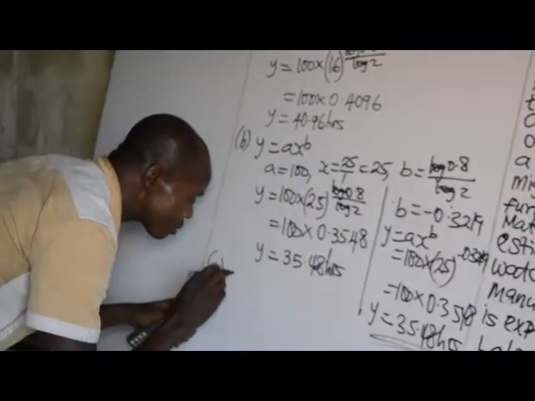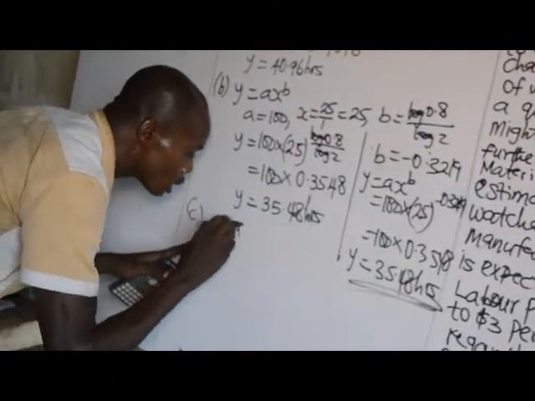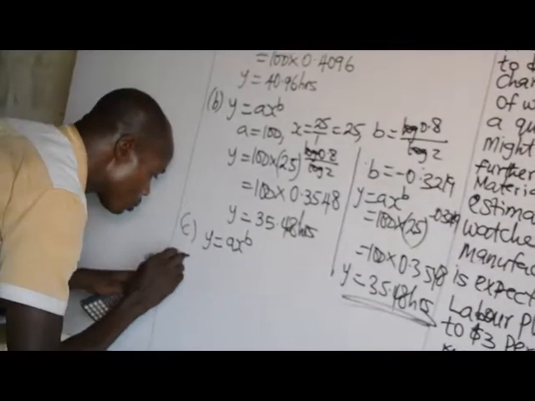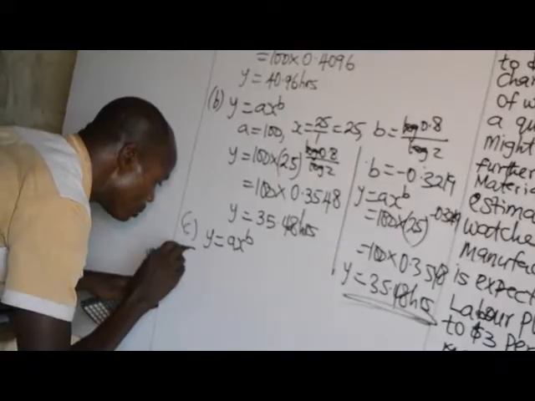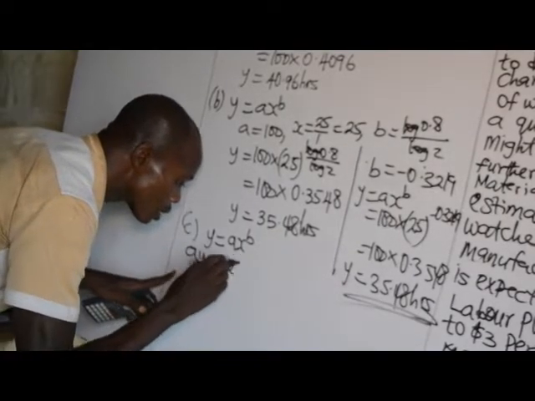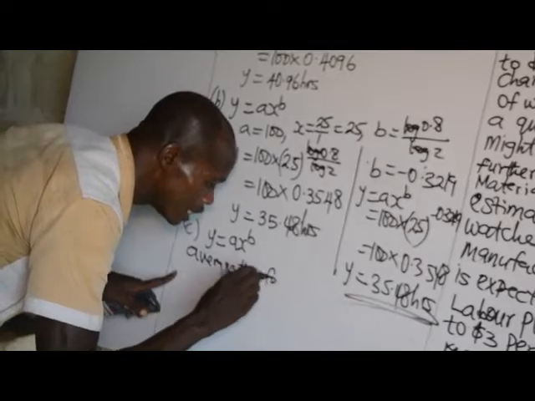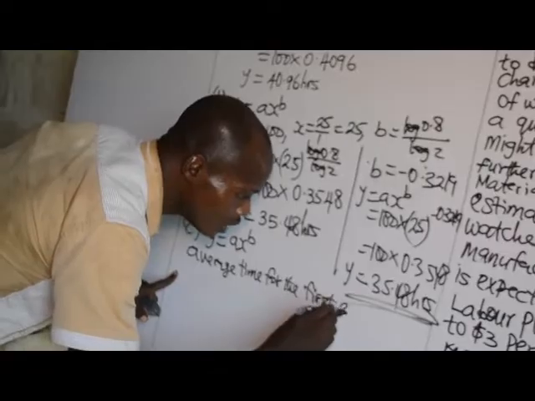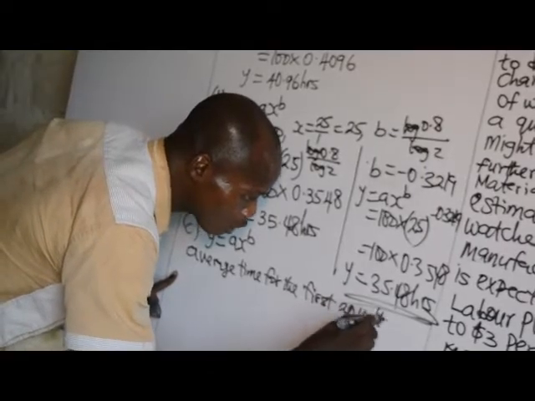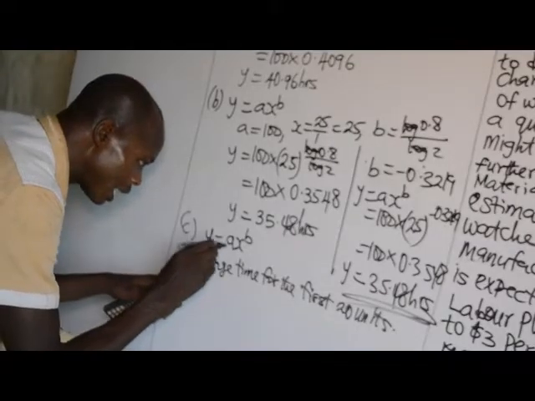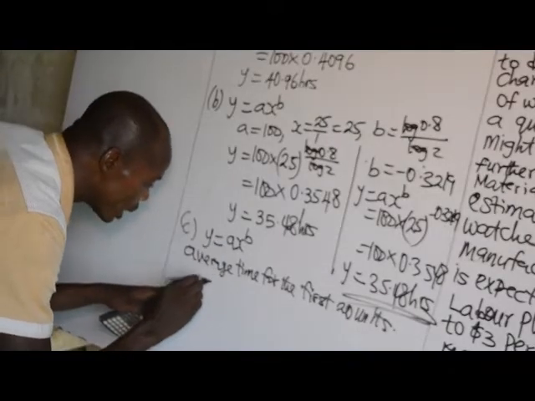So Y equals AX raised to power B. We want to calculate the total average time for the first 20 units. I've told you that this one means from 1 to 20. So that means you apply the formula. Our A still remains 100.